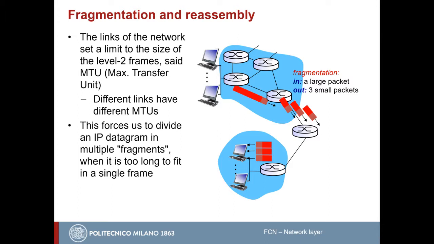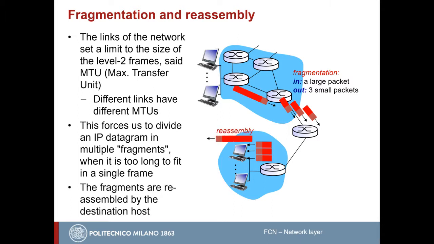The destination, which is usually a host, must be able to reconstruct the original packet before delivering it to the upper layers. So layer 4 must not be aware of what is happening at layer 3 in terms of fragmentation.